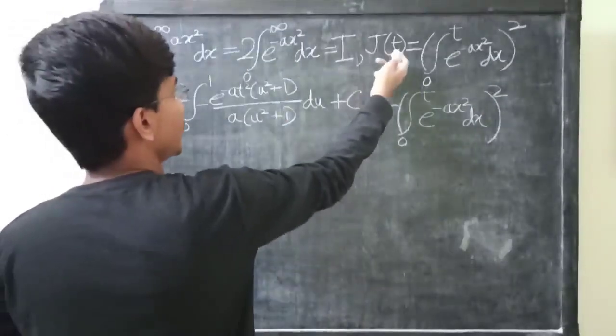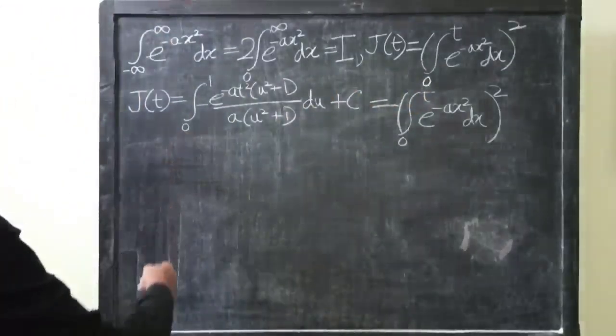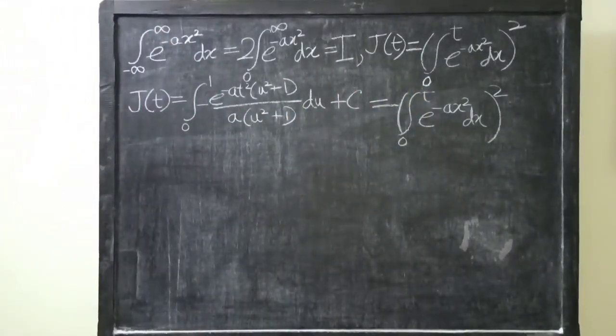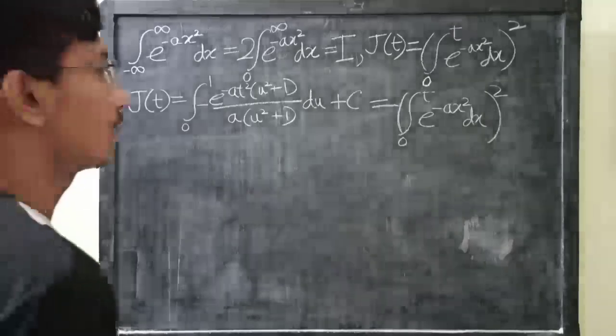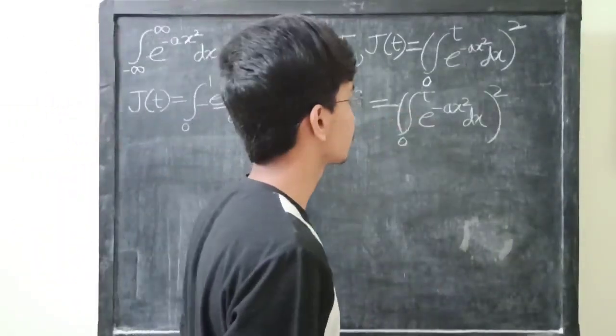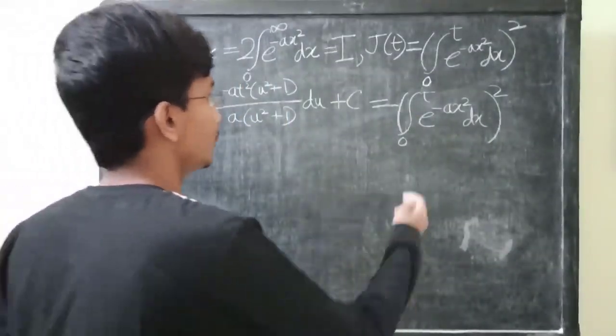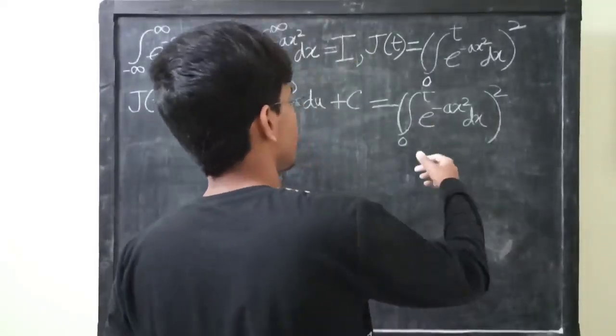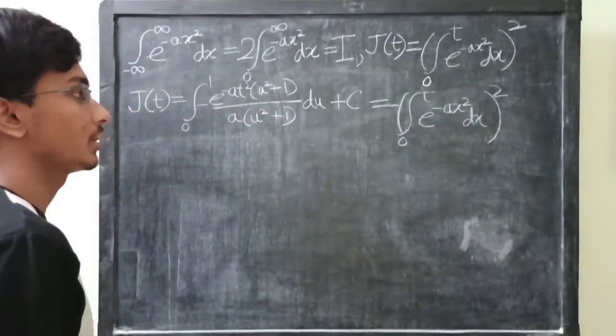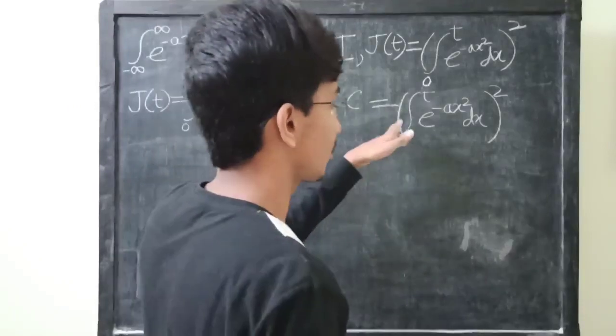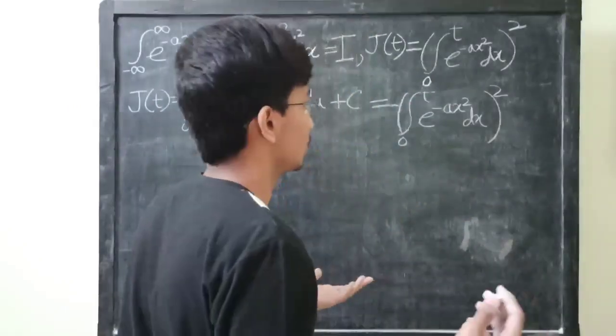This is just J of t, and this is also J of t, so these three are just equal. So what we can try is put the value of t to be 0. When we put t equals 0, we have integration from 0 to 0, and by the property of definite integration, integration from a to a is just 0.